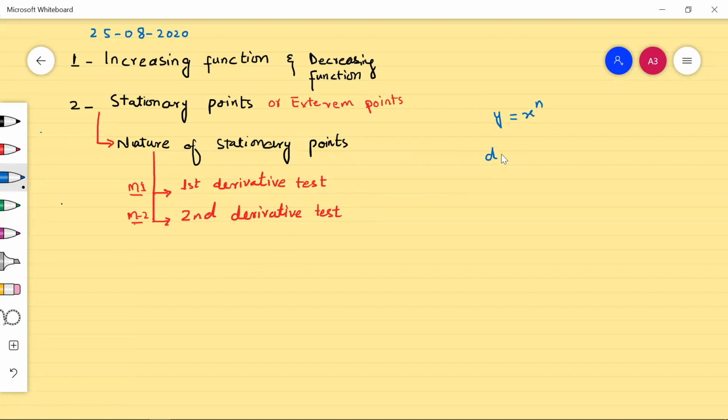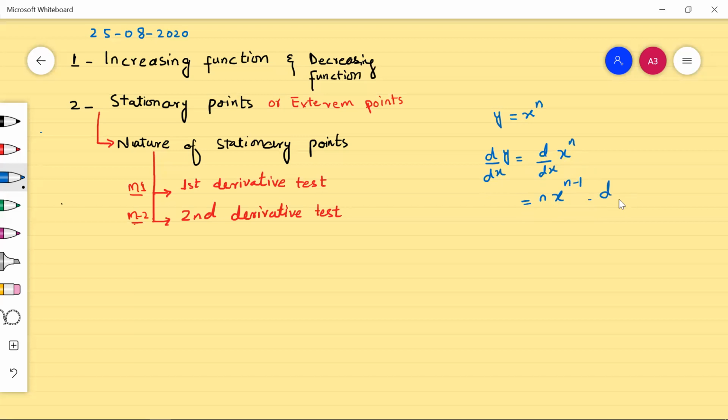We simply write d over dx, which is the sign of the derivative, and we write y and d by dx of x^n. The derivative formula of x^n is n. We write the power before, then one less from the power, n into x^(n-1).